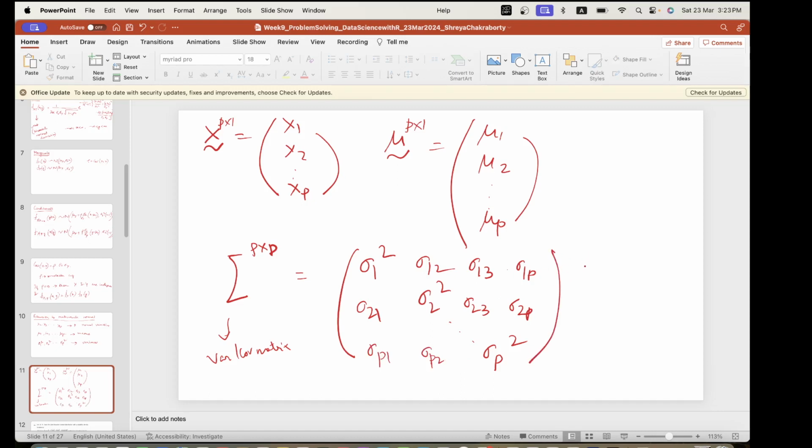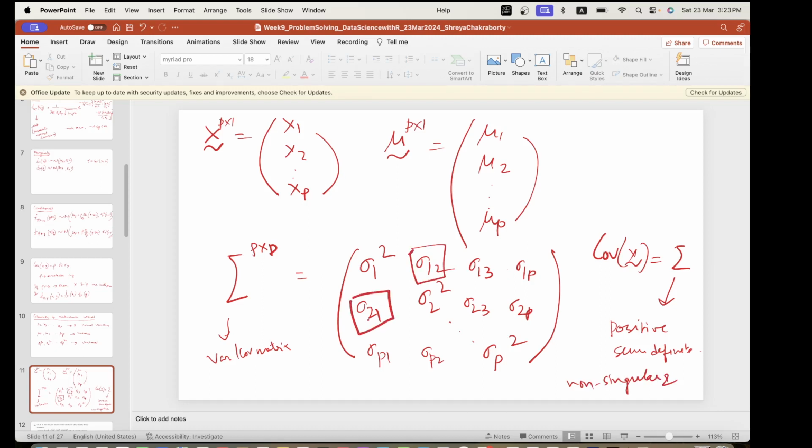So this will be the covariance matrix. We can write covariance of x equal to sigma. This has to be positive semi-definite and non-singular, and the off diagonal elements are equal, so sigma 1 2 equals sigma 2 1, that is, this is also a symmetric matrix. These are the properties.